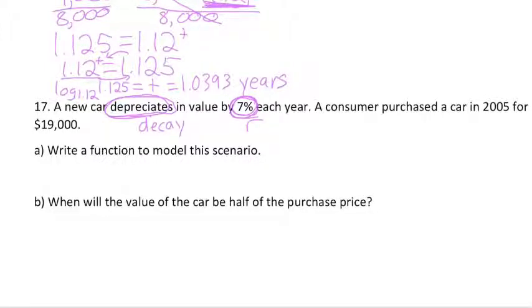So our rate is going to be found in the parentheses. It's going to be 1 plus or minus r, and that is what we're going to put as our factor. Then we're told a consumer purchased a car in 2005 for $19,000. So this is going to be our A. This is going to be our initial amount.